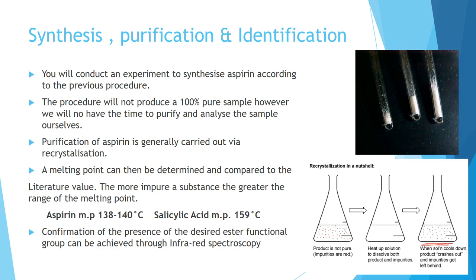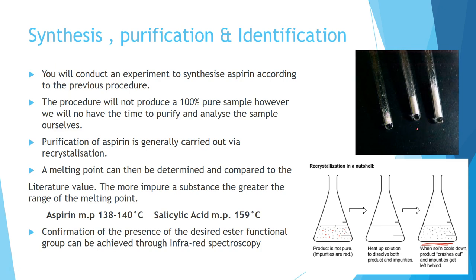Once we've done that and we dry them, we can determine the melting point, because the melting point of compounds is generally characterized when we know that they're pure. If we make a new compound, one of the ways that we need to characterize it when we publish is with the melting point, and we determine the melting point using a melting point apparatus, which uses these little tubes here.